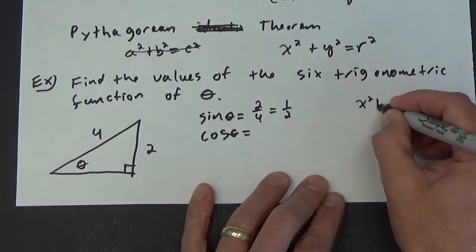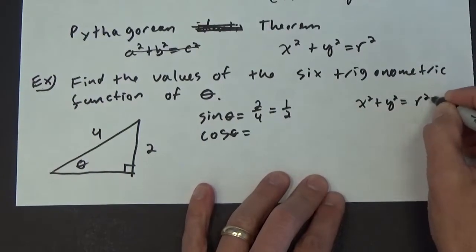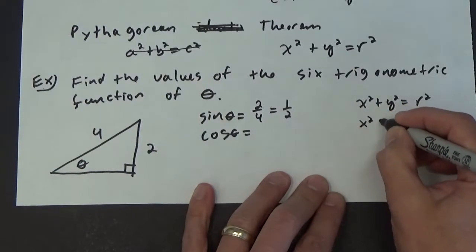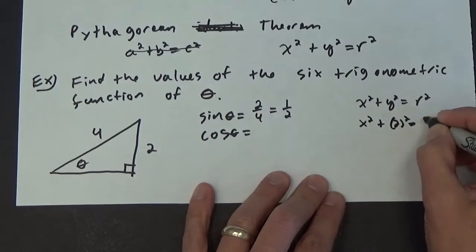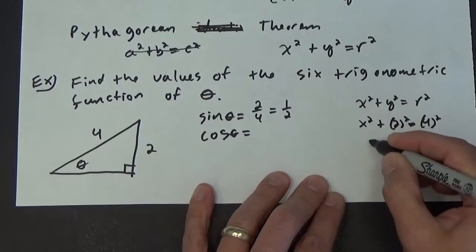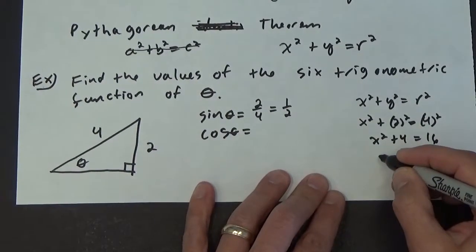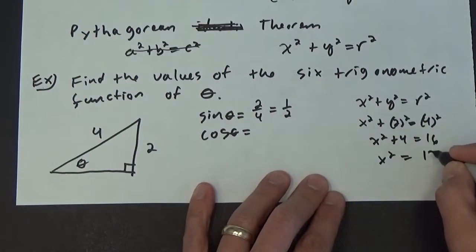So we have x squared plus y squared equals r squared. So this would be x squared plus 2 squared equals 4 squared. So that's x squared plus 4 equals 16. So x squared equals 12.